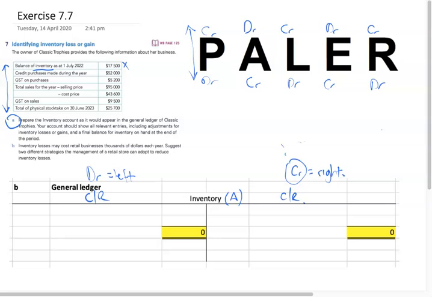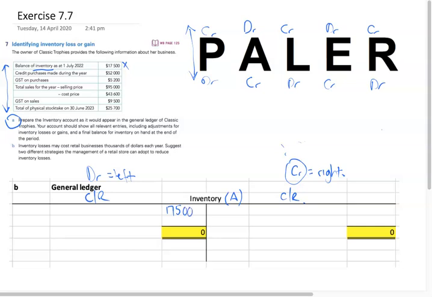At the start of the year, the start of the balance date, inventory is 17,500. If we have a balance of inventory, that means we have positive inventory. We have got a ledger at the bottom that assumes nothing at the moment. So we're going from 0 to 17,500, and 0 to 17,500 is an increase. An increase in inventory is a debit.